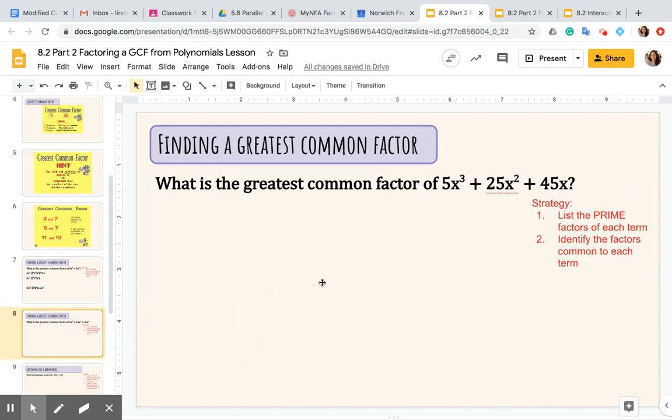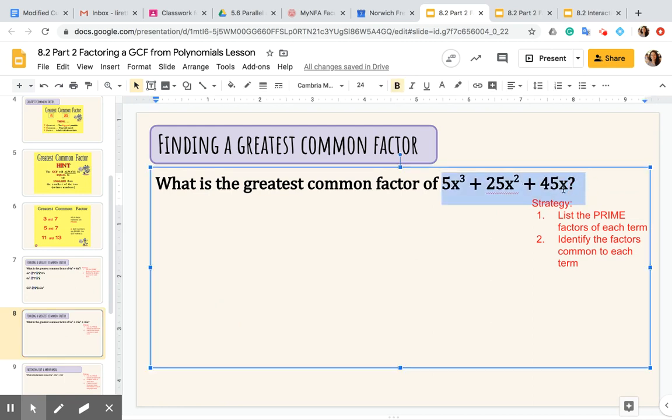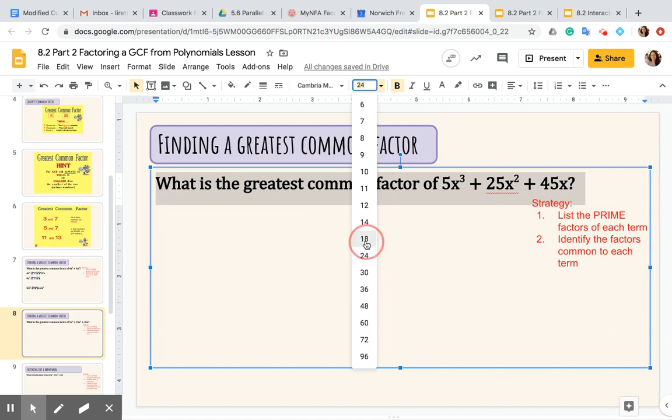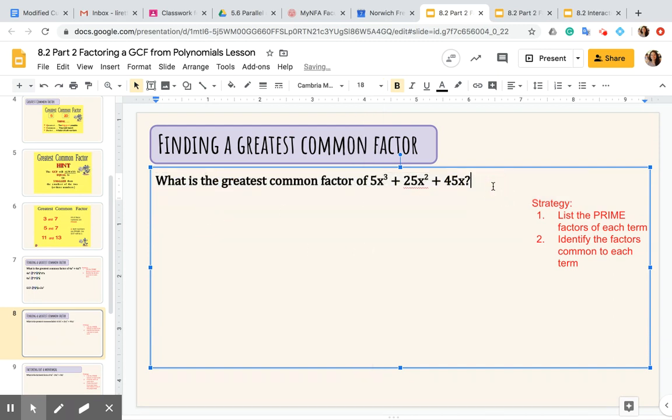Let's do another one like this. Here's my polynomial: 5x cubed plus 25x squared plus 45x. I'm going to do the same thing. I may even make my font a little smaller so I've got a little more space to type stuff out.